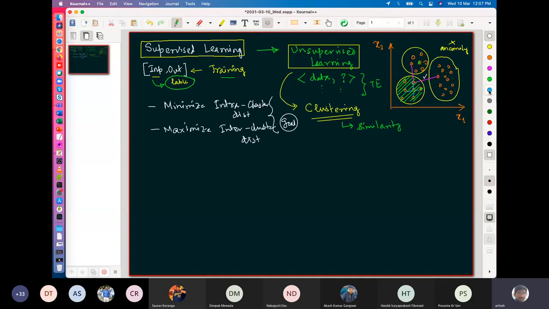Now, you can see I have already introduced certain terms which we need to define. That similarity, what does similarity mean between points? What does distance mean between clusters? All these things we need to define as we go along and determine our clustering algorithms. So here the overall goal is based on similarity.